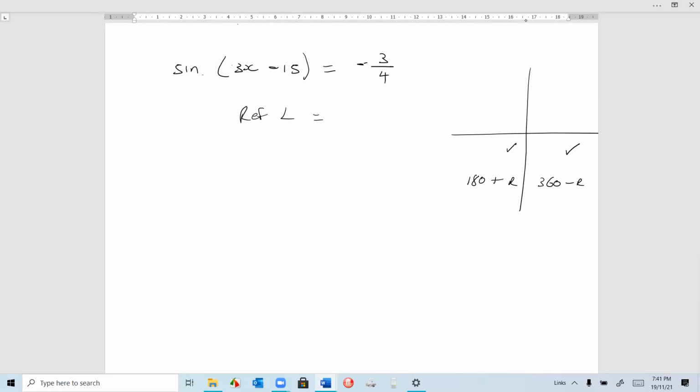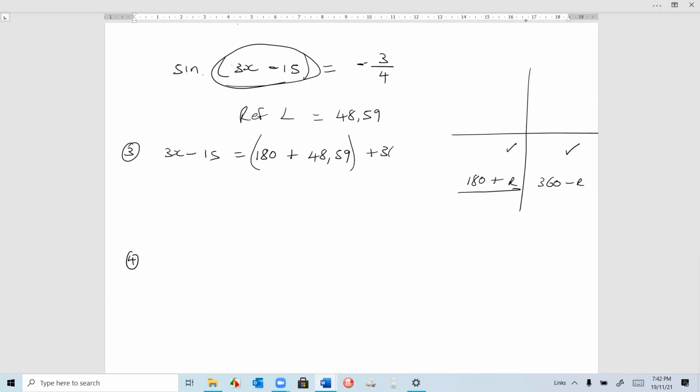48.59. But now remember that it's negative in quadrant 3 and 4. So in quadrant 3, I would say my angle, remember this whole thing now is the angle. So you say 3x minus 15 is equal to 180 plus the reference angle, 48.59.